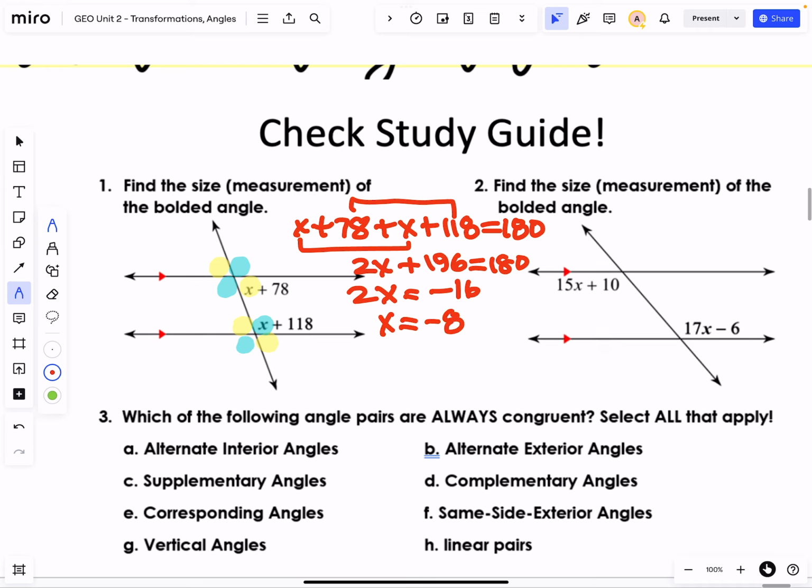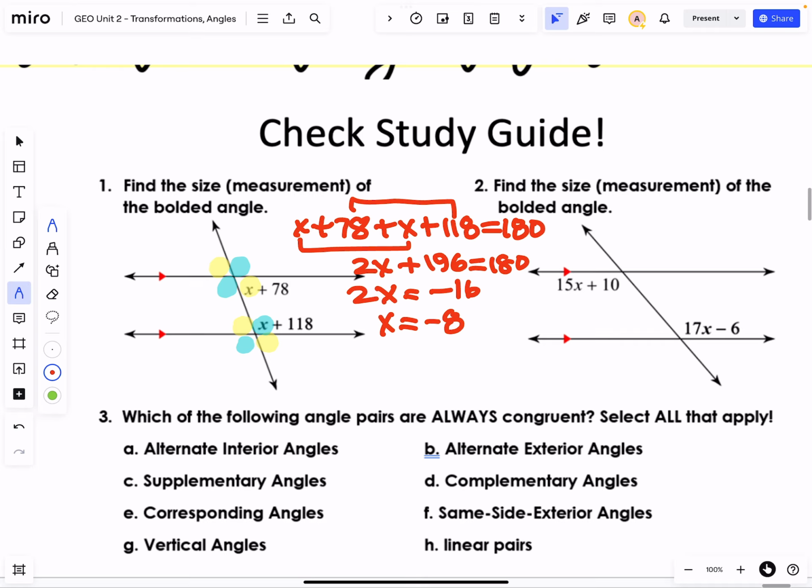Now, x can equal negative 8. That doesn't mean our angle measure is negative 8, because if you substitute that in, you'll get something different. You'll get the bottom angle is 110 degrees, while the top angle is 70 degrees, which together equals 180 degrees.